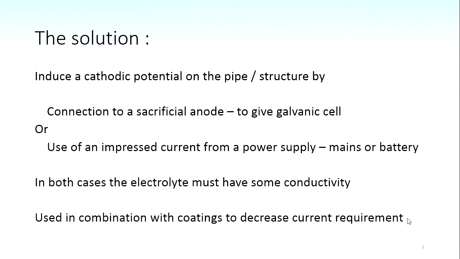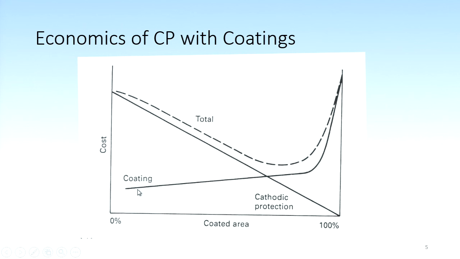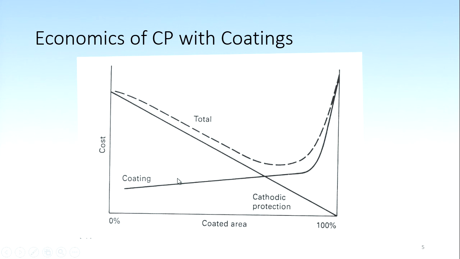You just do a quick sort of rough tar paint. It's much cheaper than doing a proper polymer coating. And then the cost of the cathodic protection decreases as the coating quality goes up. That's a sort of snapshot in time.